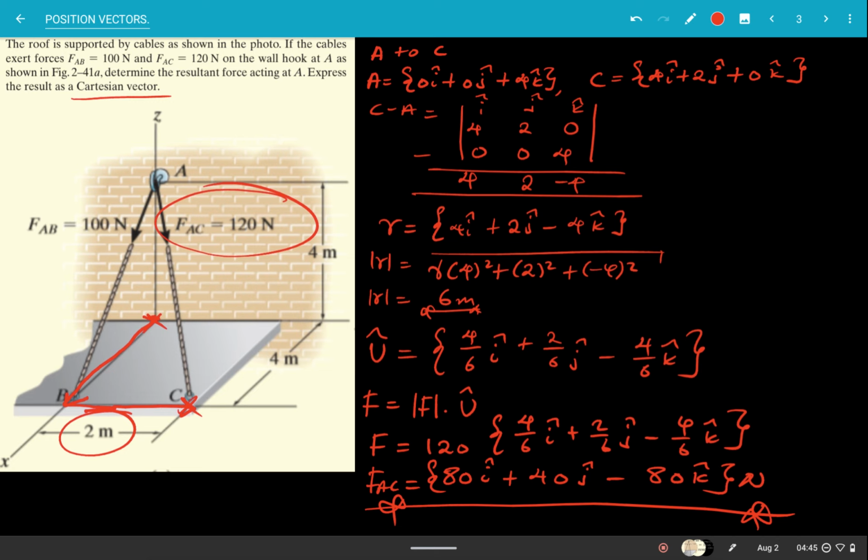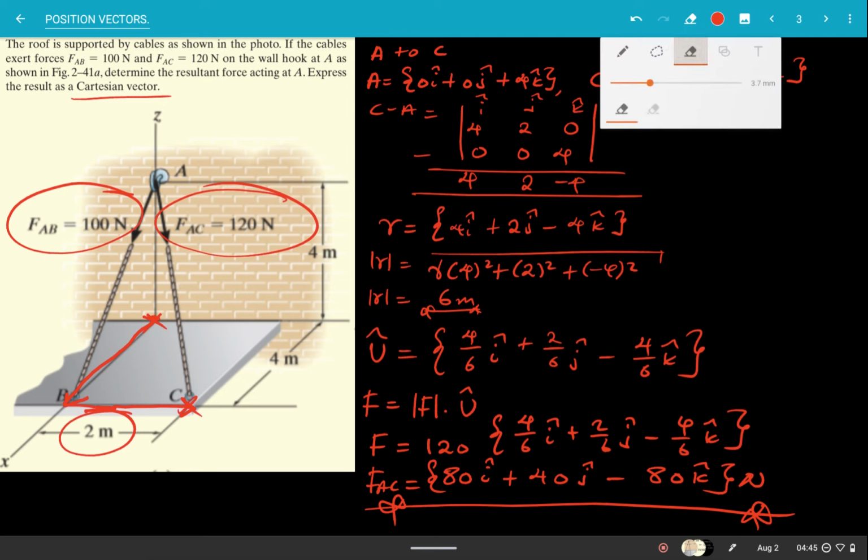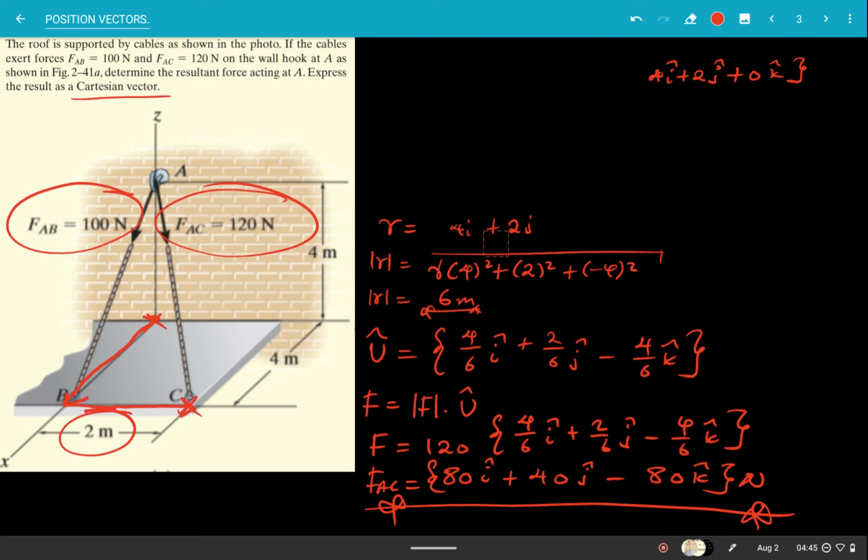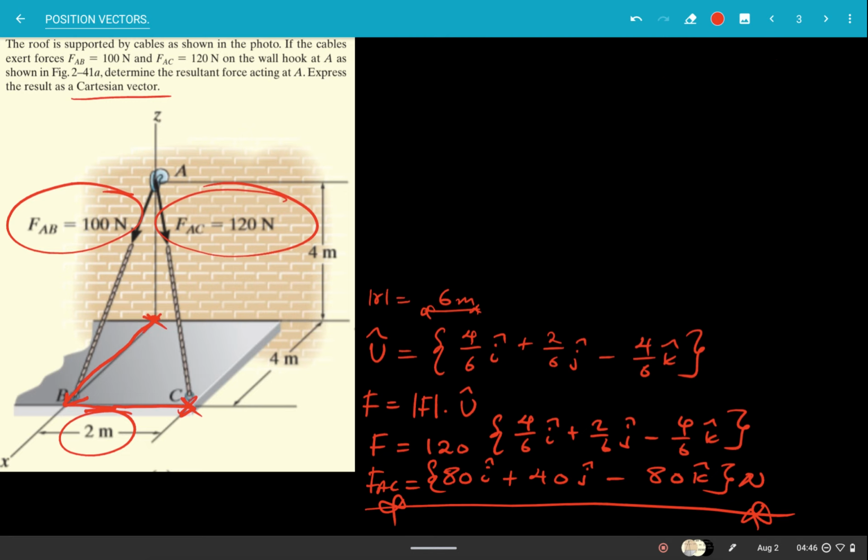Alright, let us understand this clearly. Be mindful that we have managed to convert force AB and AC into a Cartesian. Let me erase the top part. Alright, so getting my pen back.